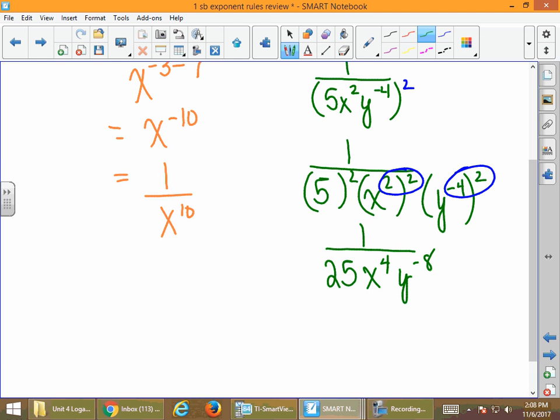But once again on the directions, write your final answer with positive exponents. We're not going to touch 25. We're not going to touch x to the 4th. But we have y to the negative 8. We need to deal with that one. And what we're going to do is, in particular, flip that part and change the sign on the exponent.